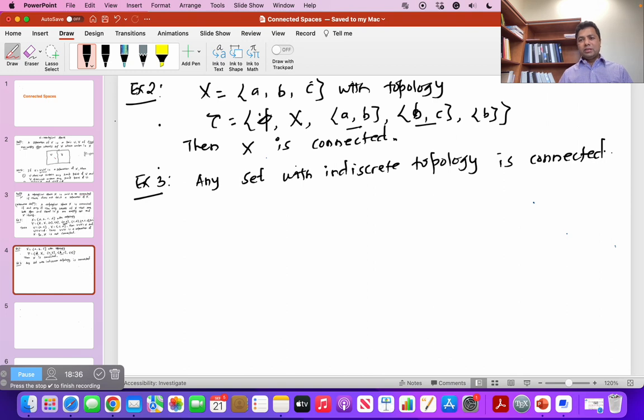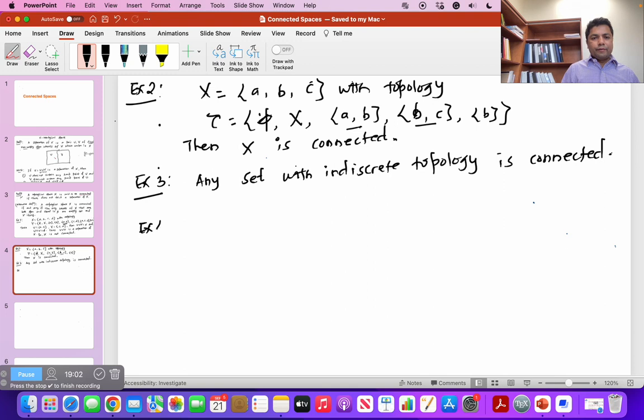And since the empty set and the whole set are both open, they are also closed. So the only open and closed sets in the indiscrete topology are the empty set and the whole set X. That's why any set with the indiscrete topology is connected.